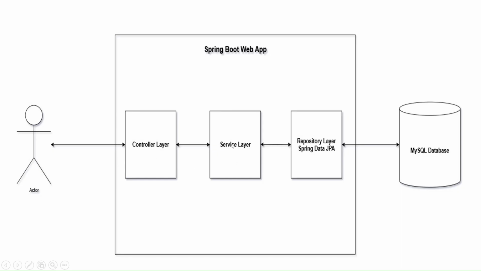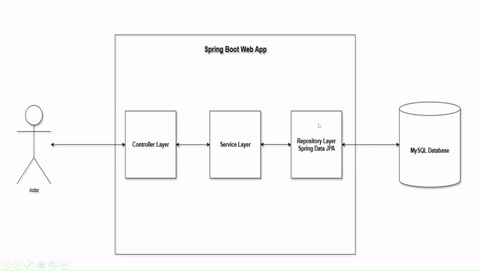You are already familiar with these two layers, and in this series we will introduce a new layer, the repository layer, that talks with a MySQL database or any database, Oracle, PostgreSQL, MongoDB, whether it is SQL or NoSQL.